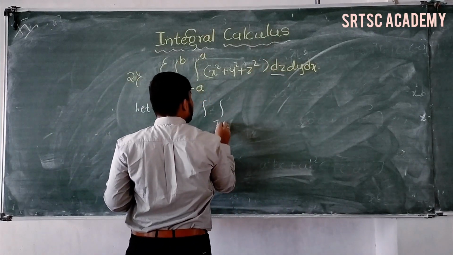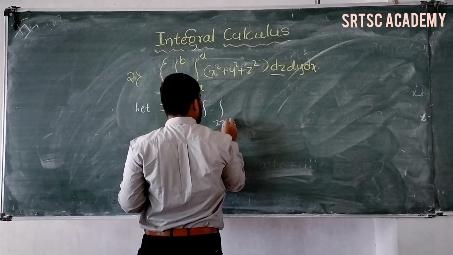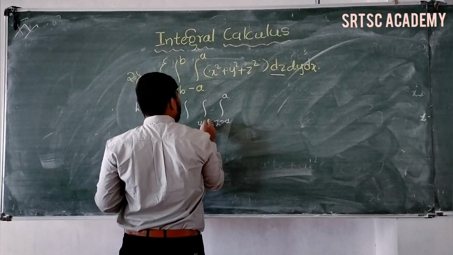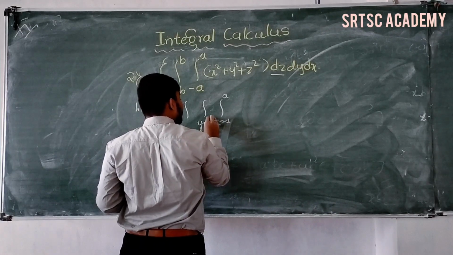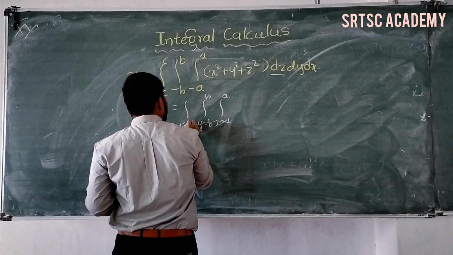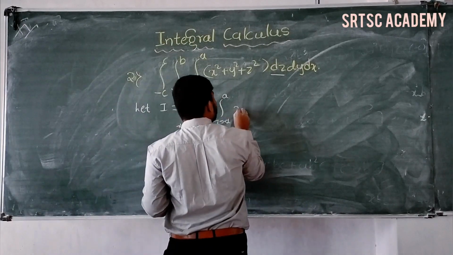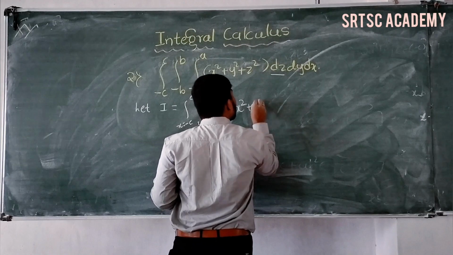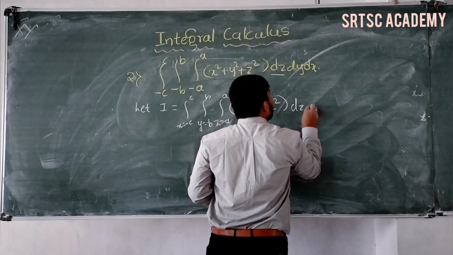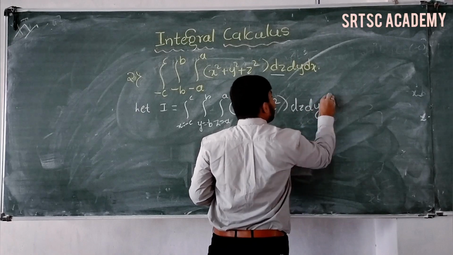So z varies from minus a to a, y varies from minus b to b, and x varies from minus c to c. The function is x square plus y square plus z square, dz dy dx.